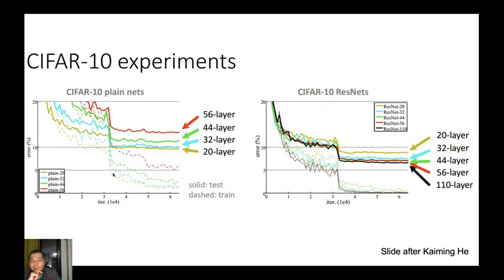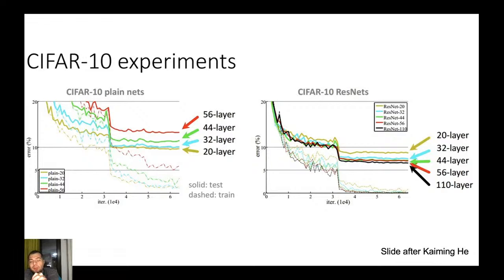This is the result on the training, the dashed lines, and you also see the result on the validation, on the test, with solid lines. As you increase the depth of the model, you obtain lower results on the test. They also analyzed the training performance, and they learned that these deeper models also provide lower training performance.